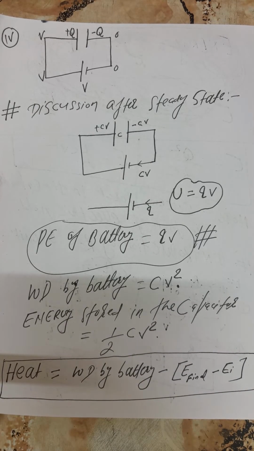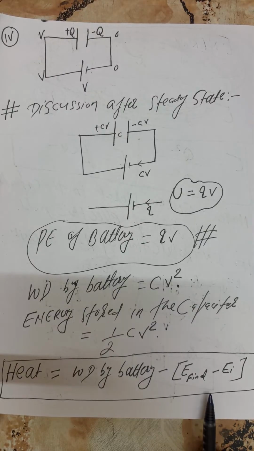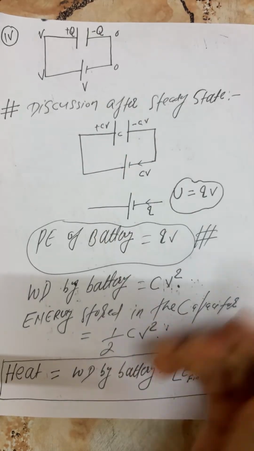So what is the formula of heat? Work done by the battery is CV square. The initial energy is zero.